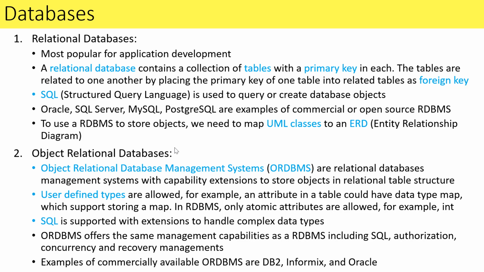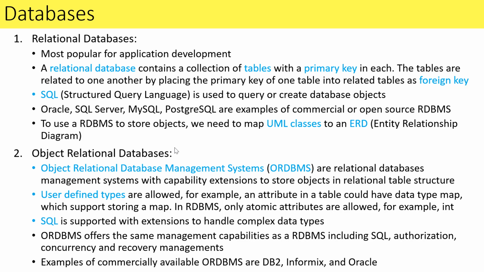Now, class diagrams have attributes and, of course, operations, which we call methods. Entity relationship diagrams have entities and attributes, so we don't have methods or operations. So how do we store the data about an object in a relational database management system?